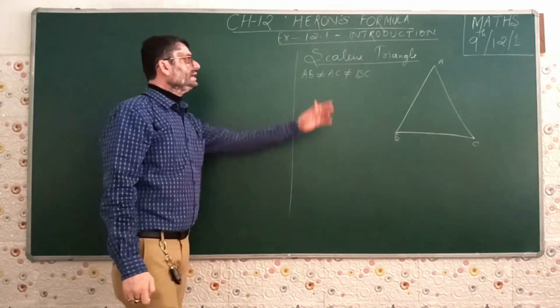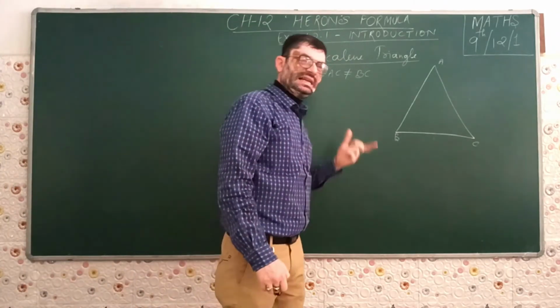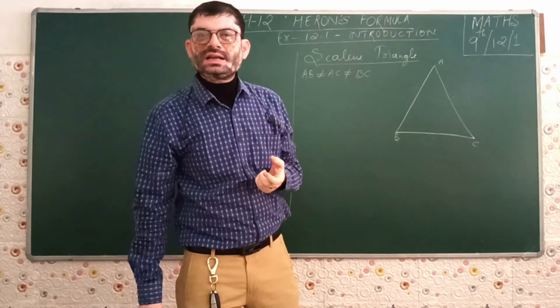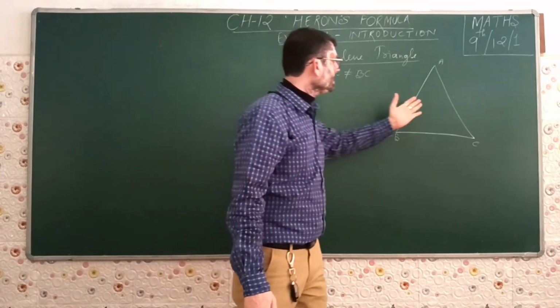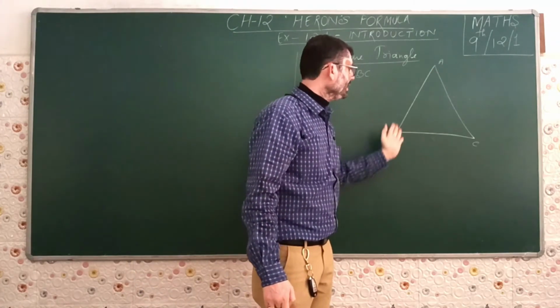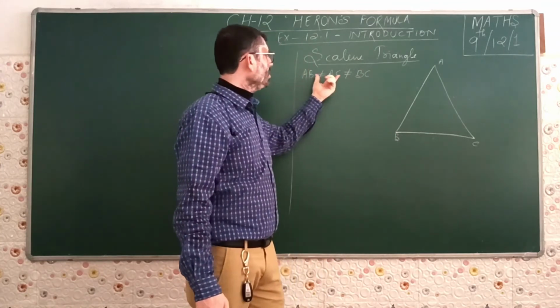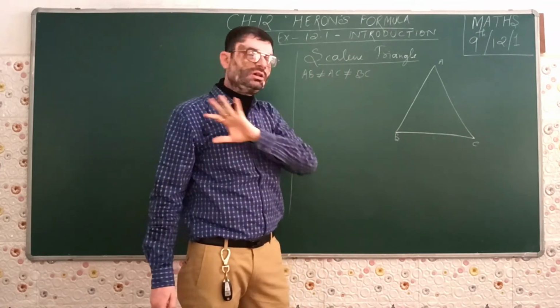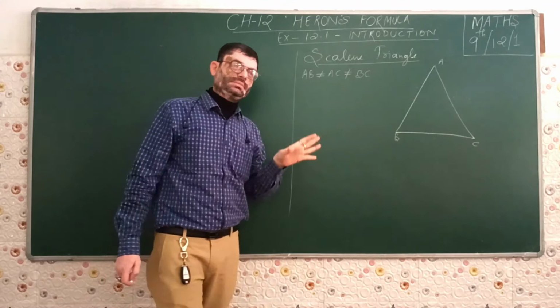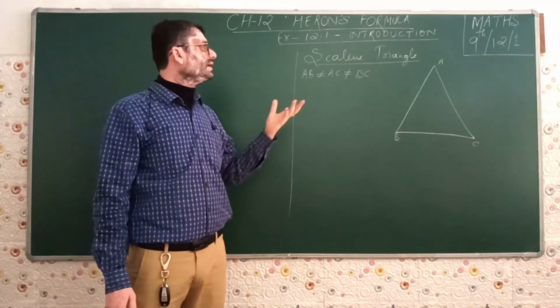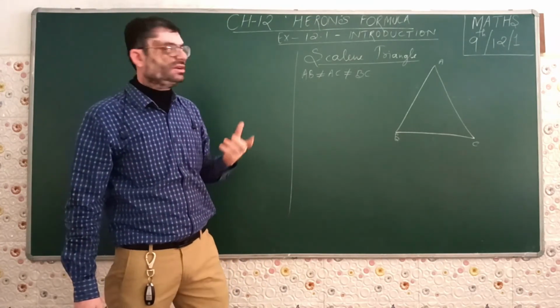Next triangle, scalene triangle. Scalene triangle means whose none of the sides are equal. We are taking a triangle ABC, where AB is not equal to AC is not equal to BC. All the three sides are not the same. When all the three sides are not the same, they are considered as a scalene triangle.